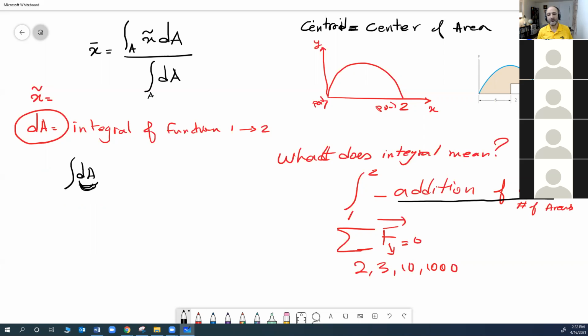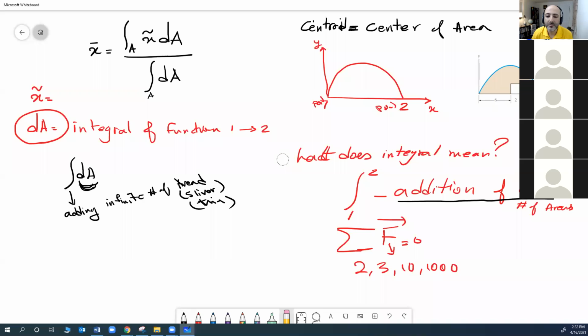So I'm adding what? All the area? I'm adding infinite rectangles. Okay, exactly. So I'm adding an infinite number of little areas, like a sliver of area, a very thin, tiny area, right? And that's what integration means.